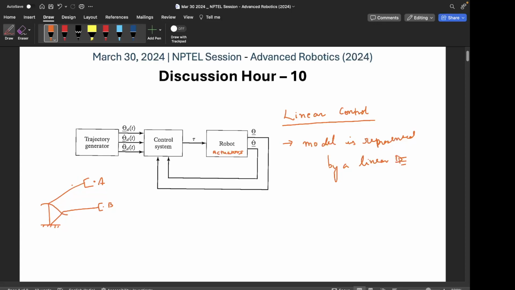As we have seen before, the trajectories can be defined in the task space, and those trajectories can be converted to joint space trajectories using inverse kinematics. So what you see here, this theta d, theta d dot, and theta d double dot, is the joint space trajectory.